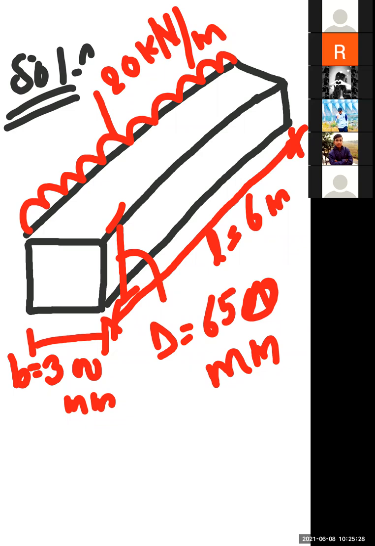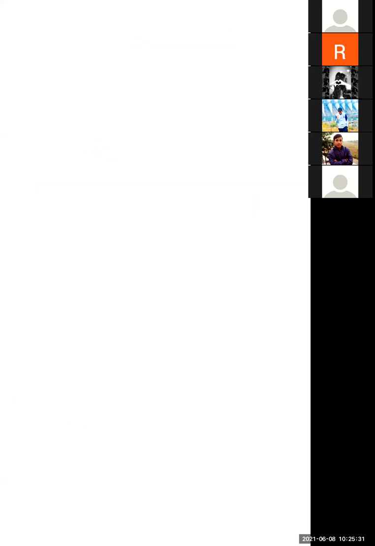In that case, the load acting on the section, means the first step is load calculation.